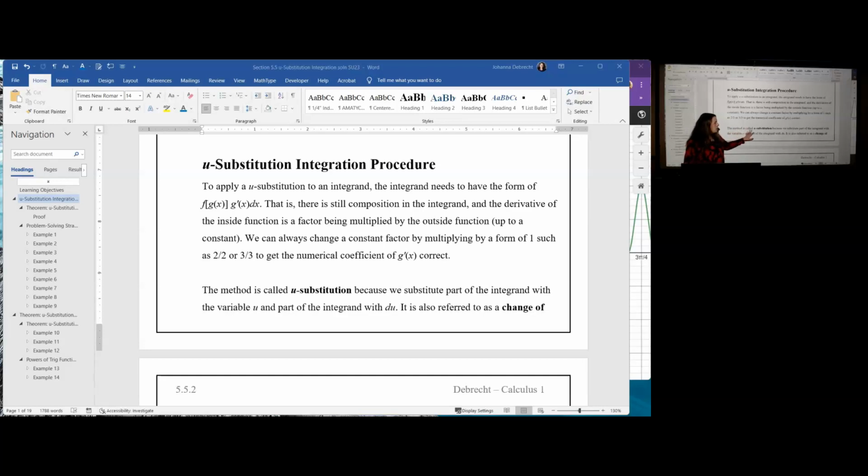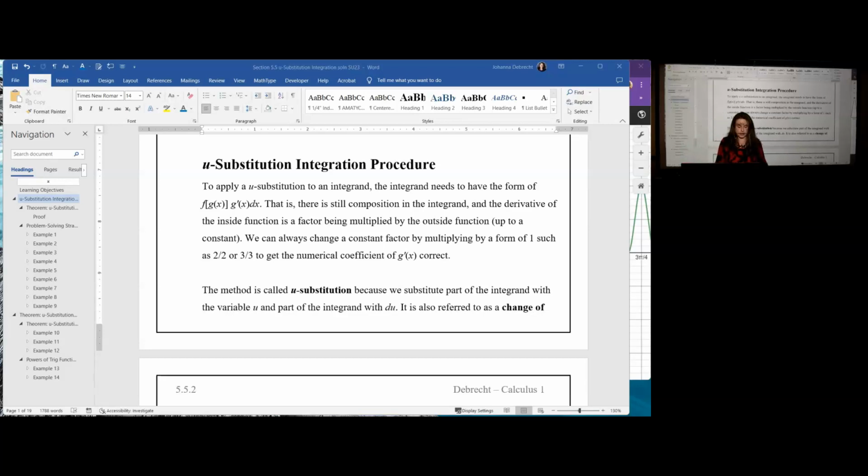We're going to call this u-substitution because we're going to substitute part of the integrand with the variable u, and another part of the integrand with the derivative of u, du, the differential. We're also going to use what's called an abusive notation in order to isolate the differential du about the dx.